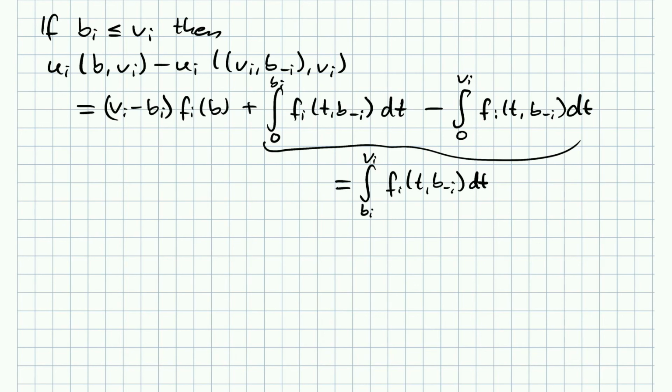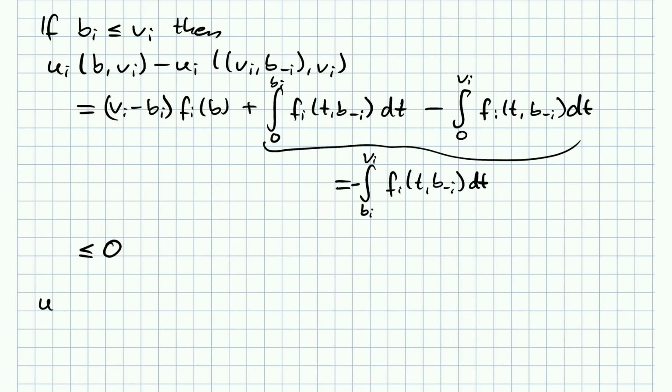This will be this minus that, because here we're integrating for longer than here. And now the point is this here is more than this. So this will be non-positive.